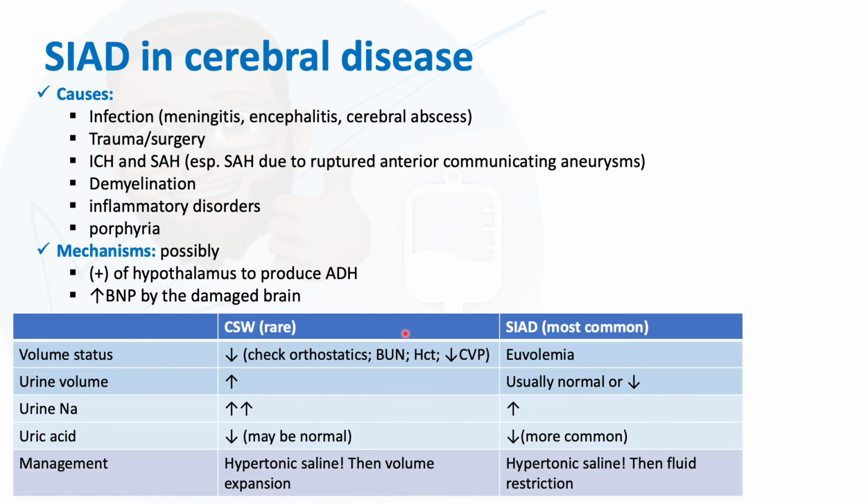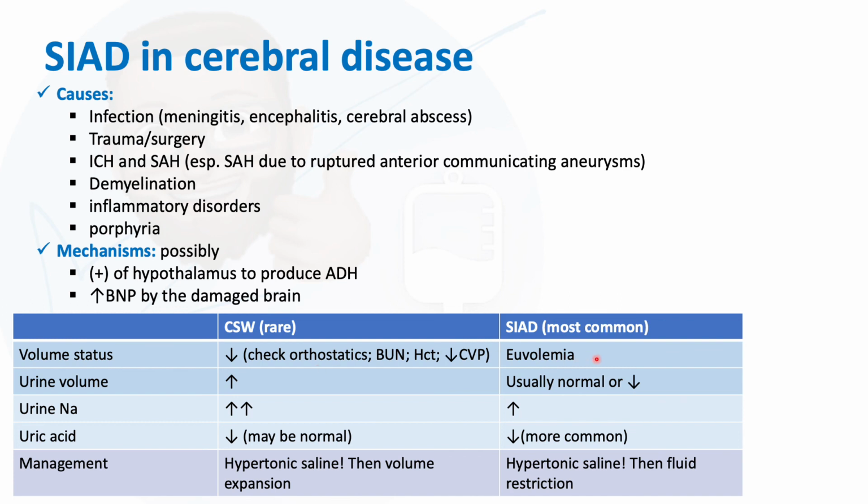Now, in the previous video, we talked about cerebral salt wasting, which is also a cause of hyponatremia because of underlying severe cerebral disease. But it's much rarer, really. It's actually debated whether it exists or not, to be honest. But SIADH is much more common.